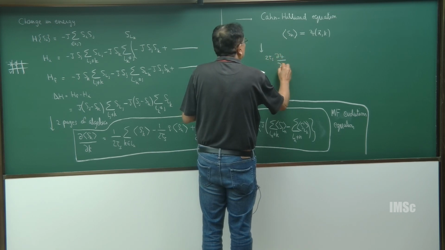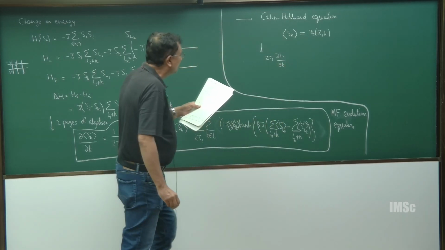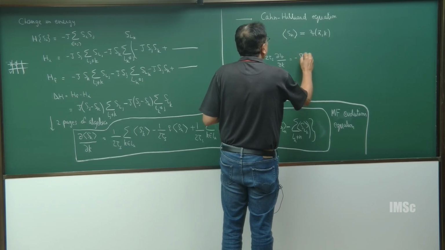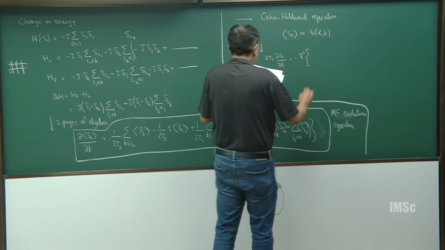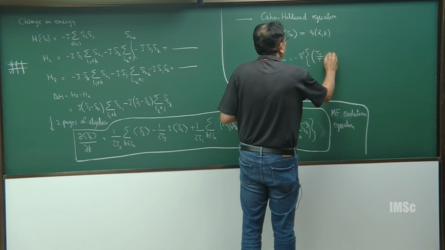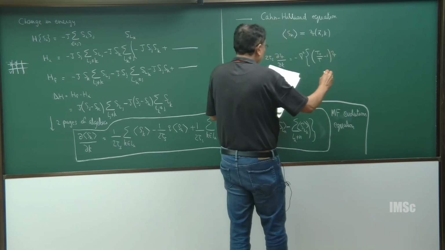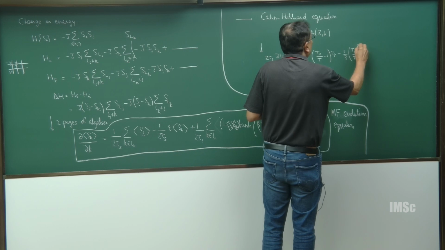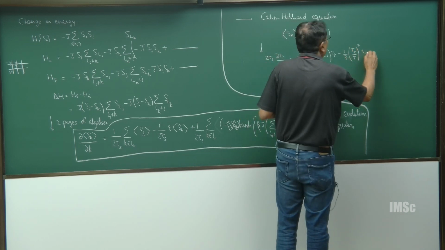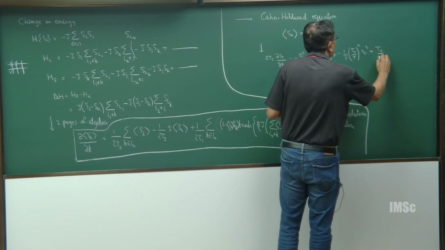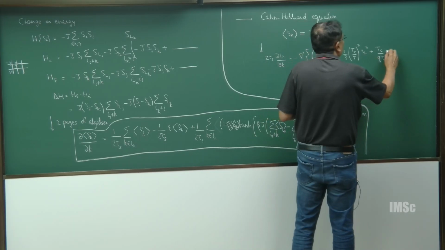So now you have a partial differential equation: del psi by del t is equal to minus del squared of [Tc by T minus 1] psi, minus 1/3 [Tc by T] the whole cubed psi cubed, plus Tc by Qt, A del squared psi.